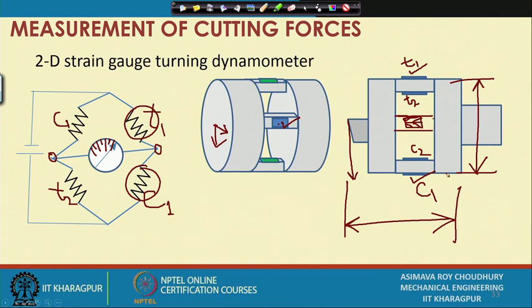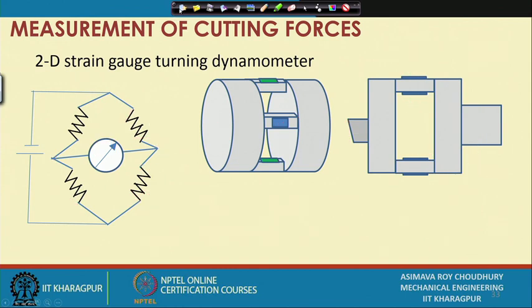So, all these aspects can be taken into account when we are designing such a strain gauge dynamometer. So, dynamometers are devices which can be used for measurement of forces, and here we are employing them for measurement of cutting forces. So, let us see what we have in store after this.